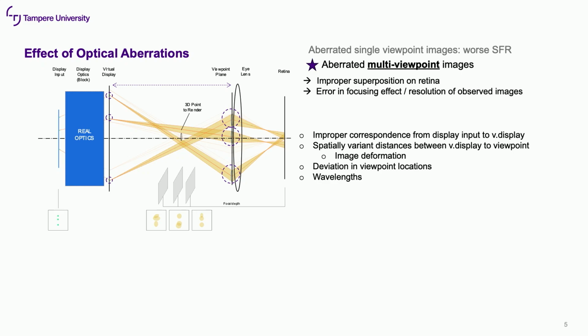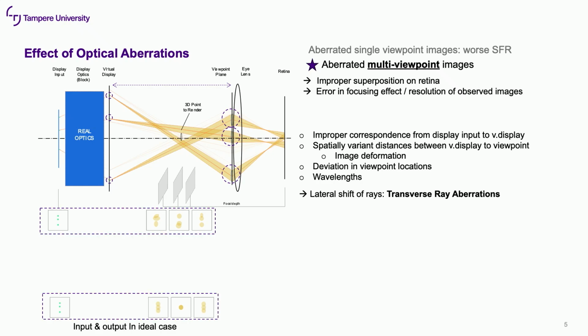Also in practice, the actual locations of the viewpoints might deviate from their intended design. Wavelengths will also affect ray propagation behaviors. All these factors contribute to what we call the lateral shift of rays, or more formally, transverse ray aberrations. This term describes the deviation of ray locations compared to an ideal scenario.